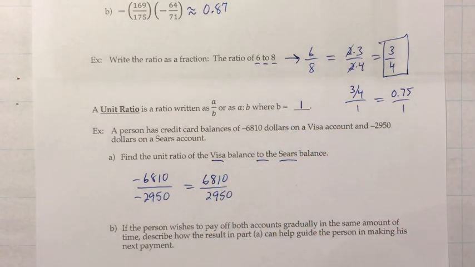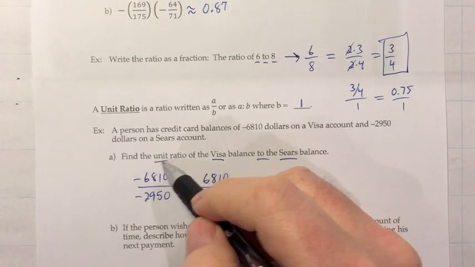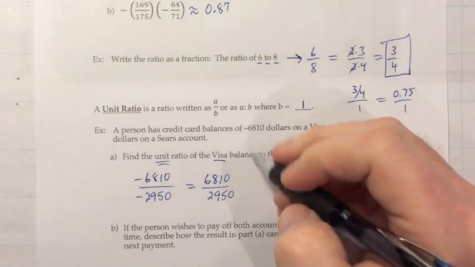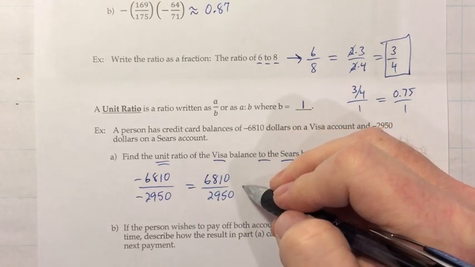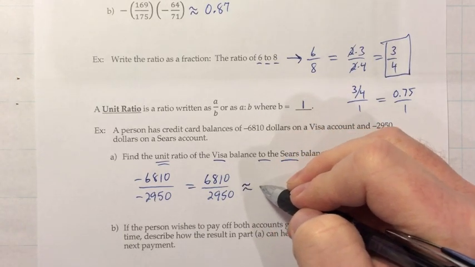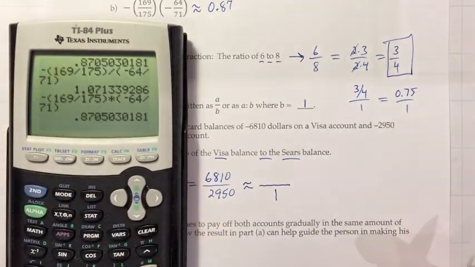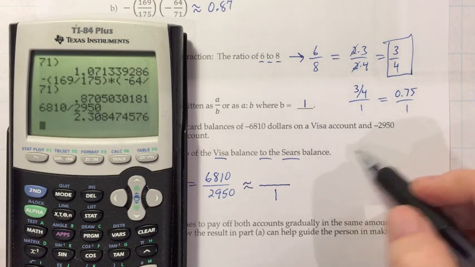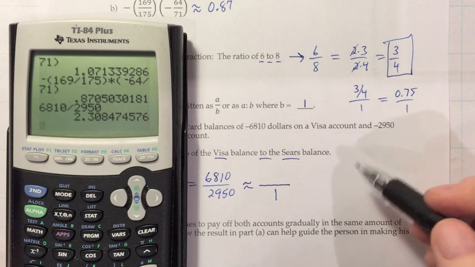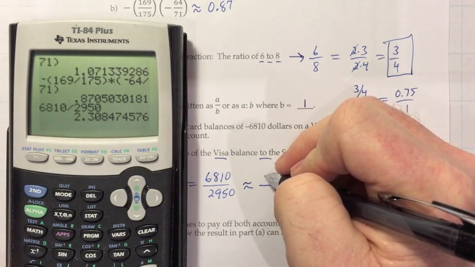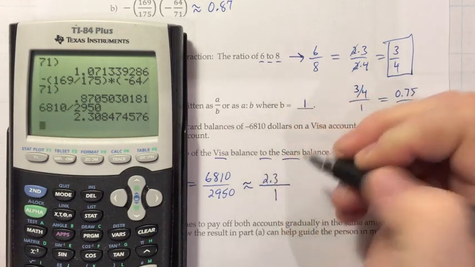And now you could spend a lot of time trying to reduce this and so on, but they want a unit ratio. So if it's going to be a unit ratio, they want the denominator to be 1. So I'm going to go to the calculator and I'm going to figure out what that division is. 68.10 divided by 29.50. They didn't give rounding directions here. It is money, so I'll just round it to 2 decimal places, 2.3.